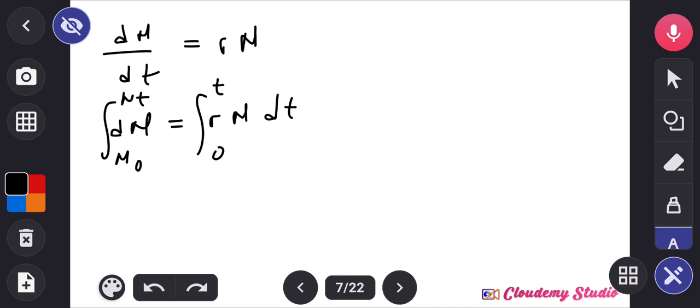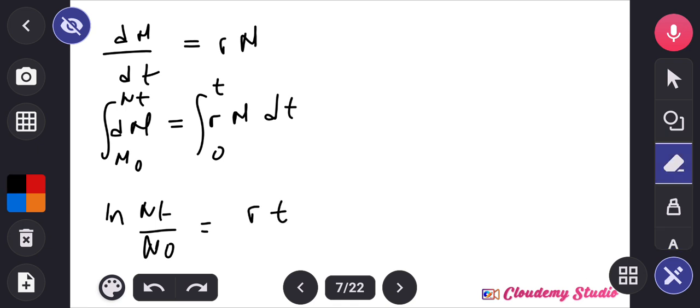We are going to have ln of N(t) over N naught equals rt. That is what we get if we integrate this formula.